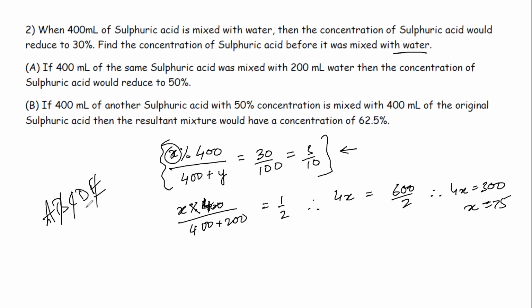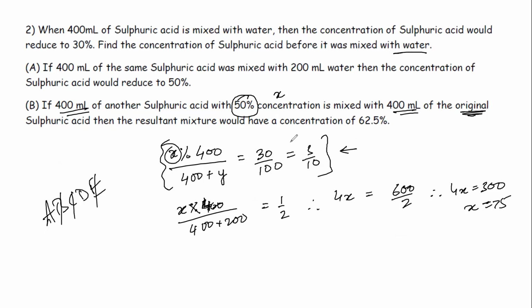It's A or D. Second statement: if 400 ml of another sulfuric acid with 50% concentration is mixed with 400 ml of the original sulfuric acid, then the resultant mixture would have a concentration of 62.5%. Now, since the quantities are the same, we simply take the average of this concentration and X concentration, that is the original one.